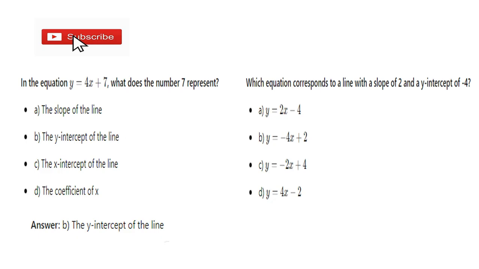We have here A, y equals 2x minus 4, B, y equals minus 4x plus 2, C, y equals minus 2x plus 4, and D, y equals 4x minus 2. The correct answer is A, y equals 2x minus 4. So 2 is the slope or the gradient, and -4 is the intercept of the graph. I believe you understand what I'm trying to say.